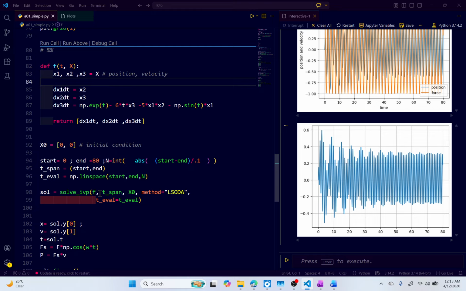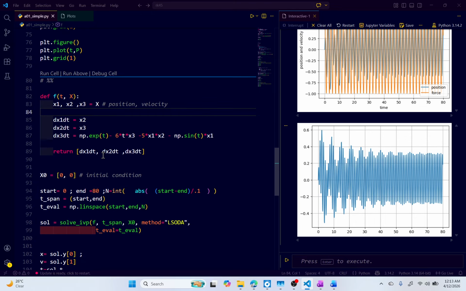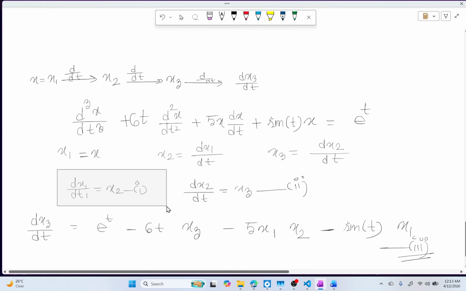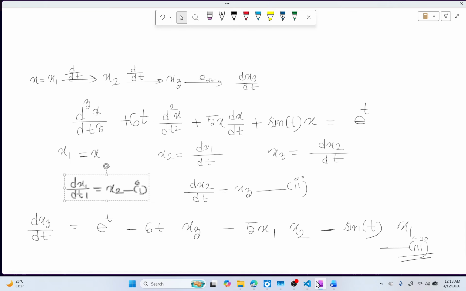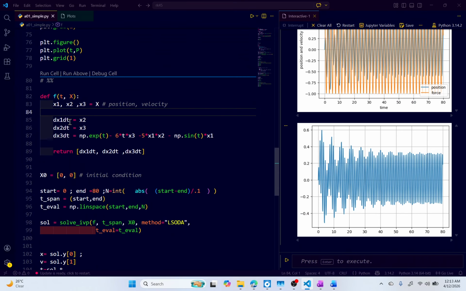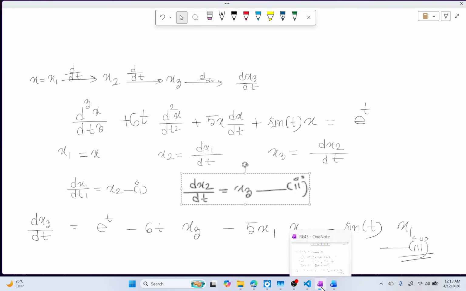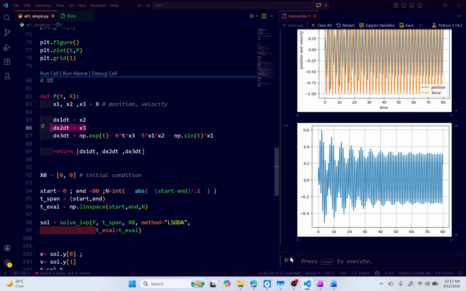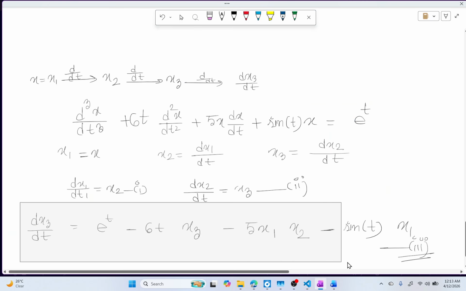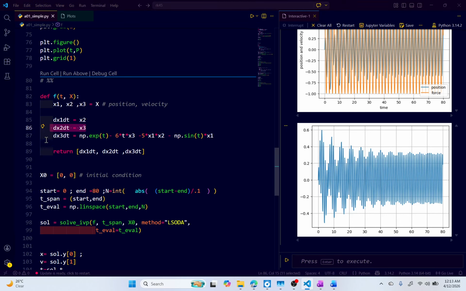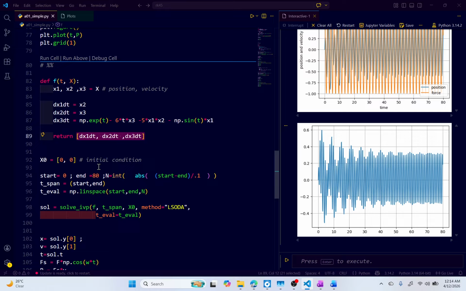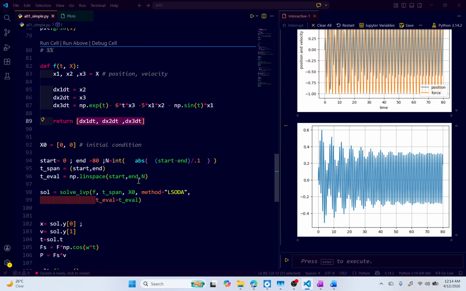Code is basically same as the previous, but the difference is you can see that dx1 by dt is x2, then this thing is equal to x3, and then I have written the whole equation here, and then I have written the derivative part, and then the rest of the part is same.